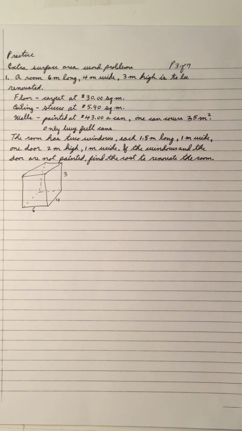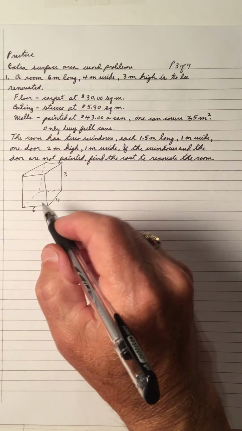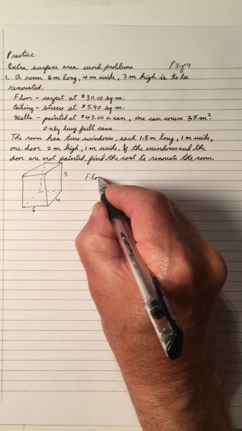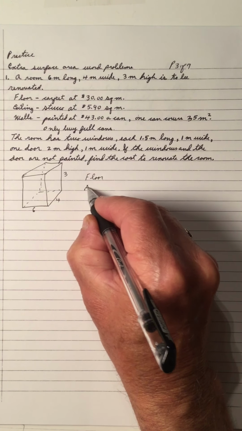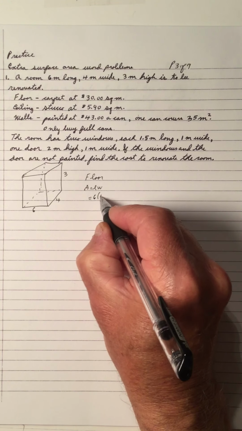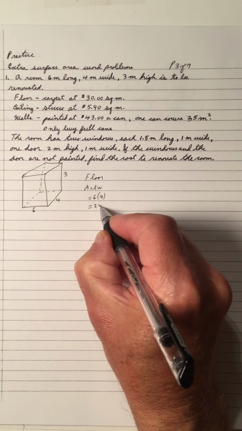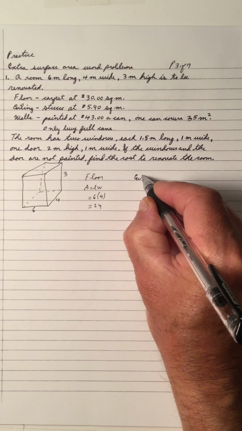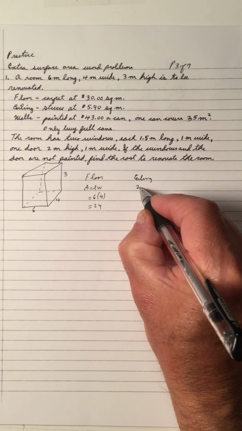Okay, let's start with the floor. The floor is right there. The area of the floor is a rectangle, so it's length times width, so it's 6 times 4, 24. And the ceiling is the same dimensions as the floor, so that's 24.